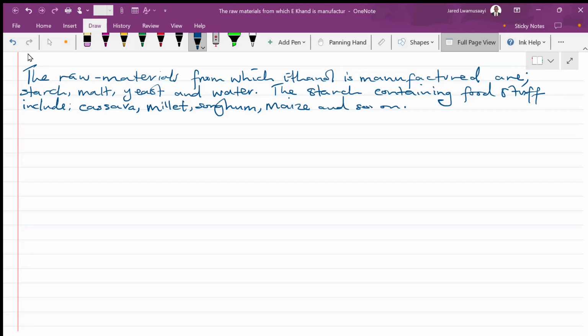So now we have many foodstuffs that contain starch, and here in this presentation I'm going to present using cassava.